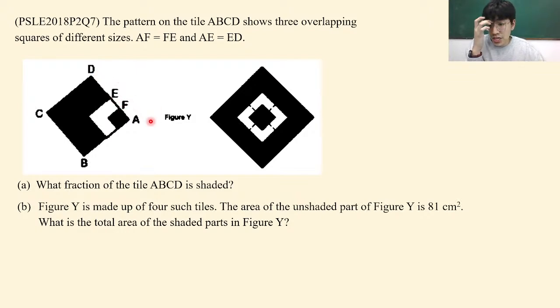Now, the first question, what fraction of the tile ABCD is shaded? How can we find what fraction of the tile ABCD is shaded? Well, we see that we do have some shaded area over here and some shaded area over here, but we have this blank area over here. So how can we figure out what is the fraction of the tile ABCD that is shaded?